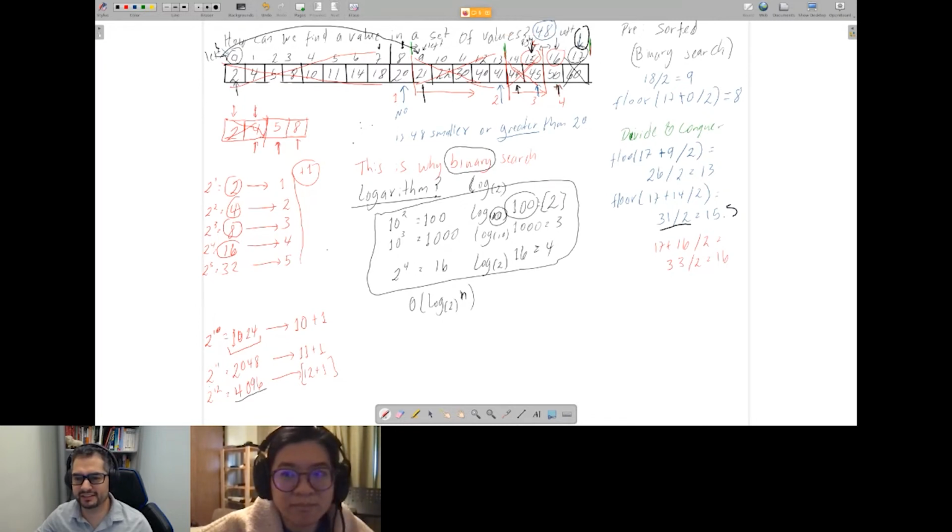Let's take this example. 48, we didn't find 48 here, right? If 48 were in the set, it would be before 50. That's why we move the right pointer to here. But then that right pointer becomes less than the left pointer, and we get out of the loop. Now, our possible position will be pointing to this.